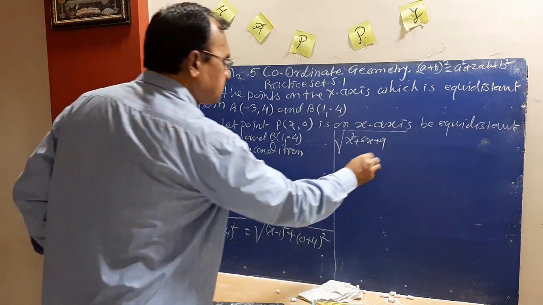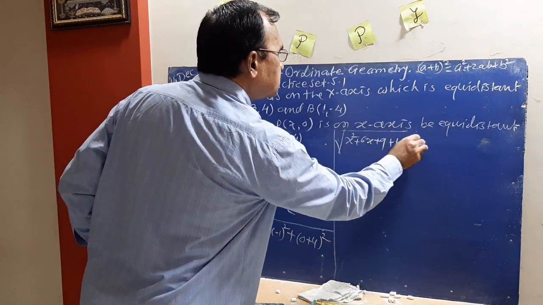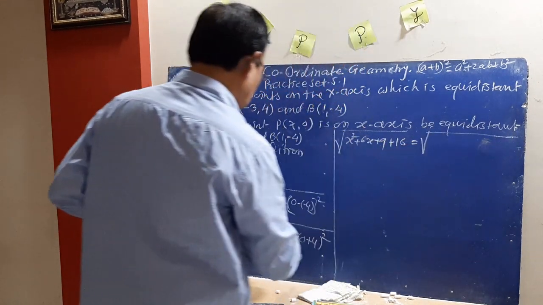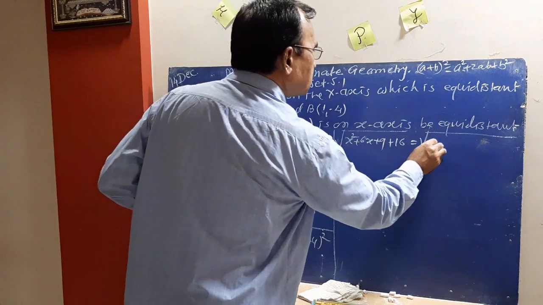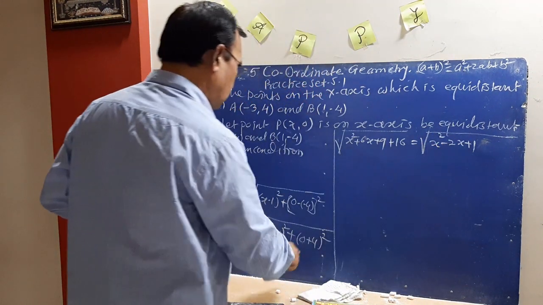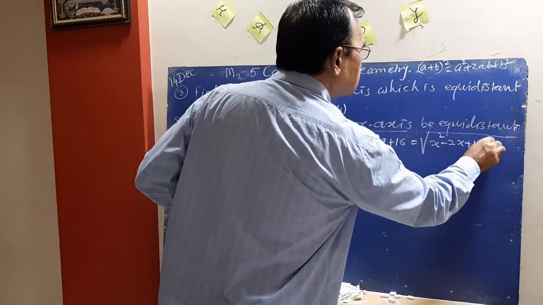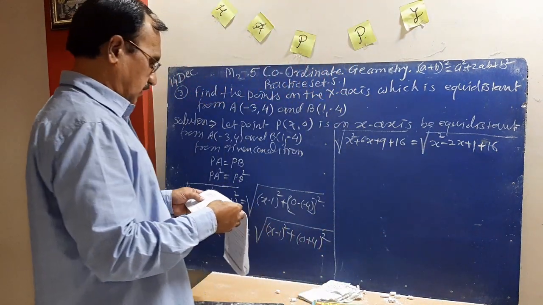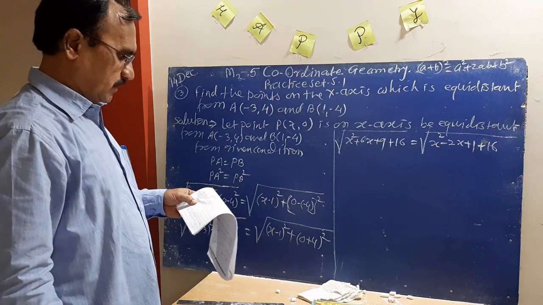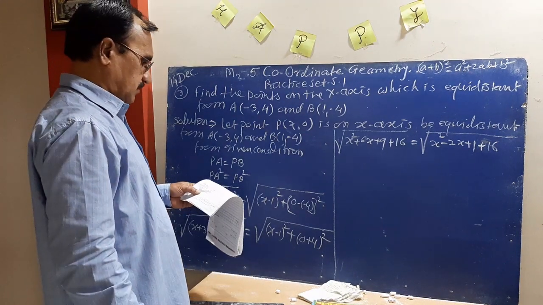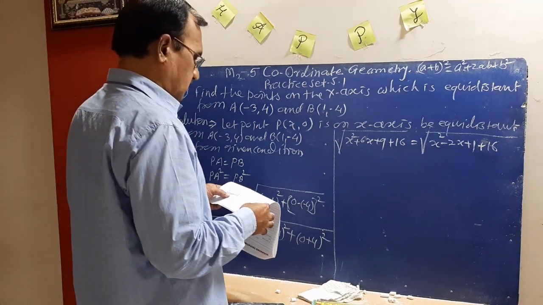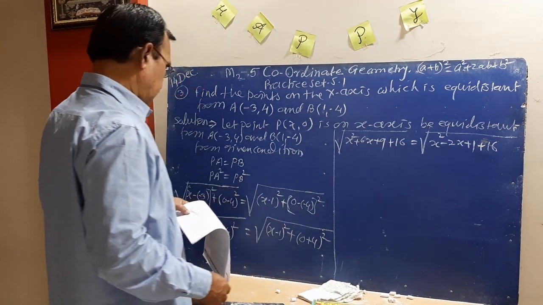Square of minus 4 is 16, plus 16, is equal to again under root. Here (x minus 1) bracket square is x square minus 2x plus 1, and square of 4 is 16. So x square plus 6x plus 9 plus 16 is equal to x square minus 2x plus 1 plus 16.